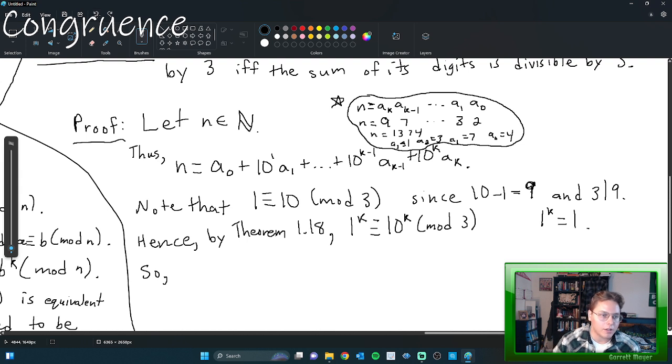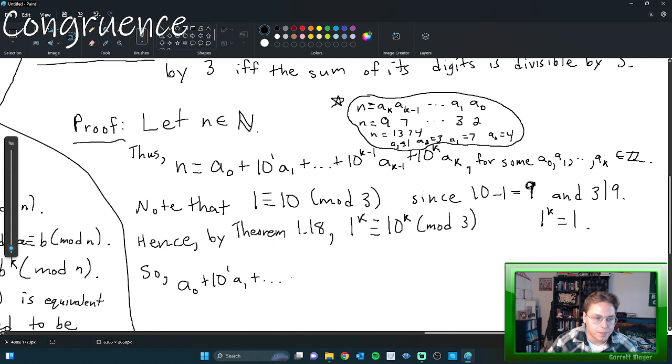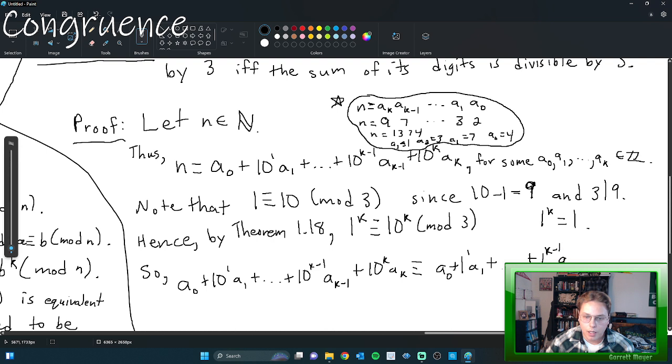What we find out here is that a0 plus 10 to the 1 a1 plus dot dot dot, and just to have good notation practices, we're saying that all these a's are integers, plus 10 to the k minus 1, a k minus 1, plus 10 to the k, ak, is congruent to a0 plus 1 to the 1, a1, plus 1 to the k minus 1, ak minus 1, plus 1 to the k, ak, mod 3, because they're congruent.